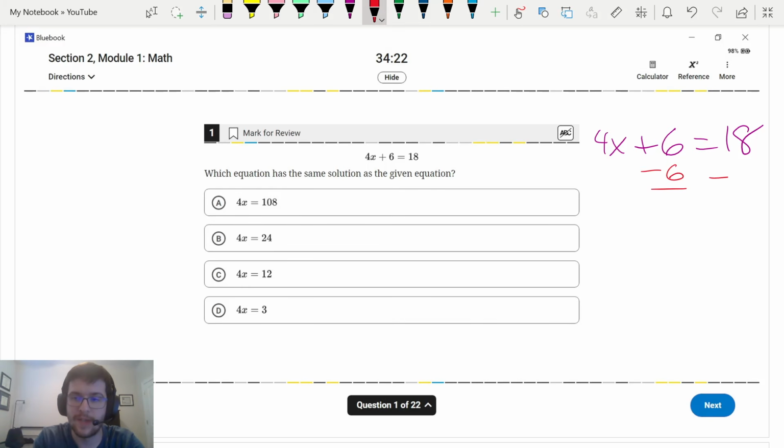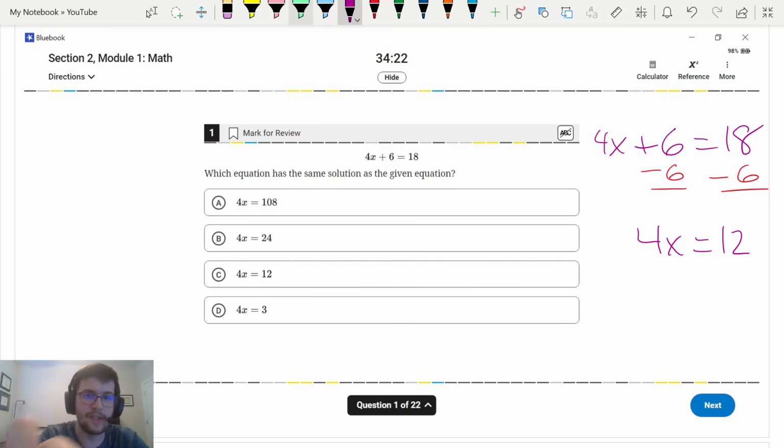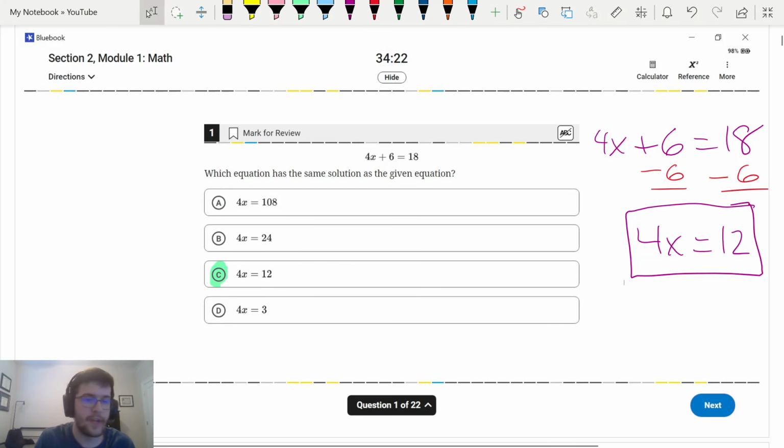So we're going to move the 6 first. And we get 4x equals 12. And that is answer choice C. So we don't have to actually solve the whole thing. That is just our answer. Okay, great.